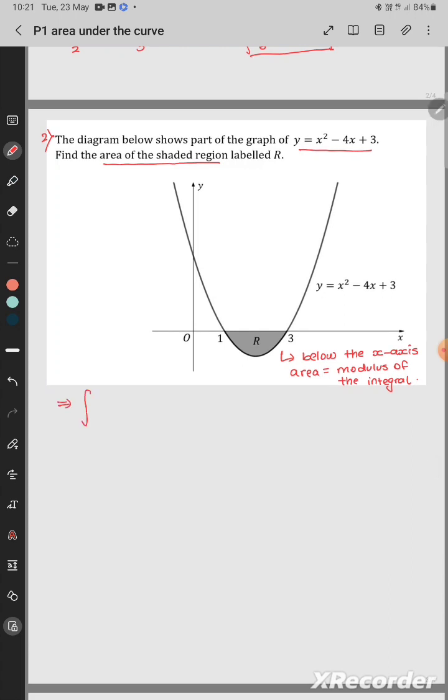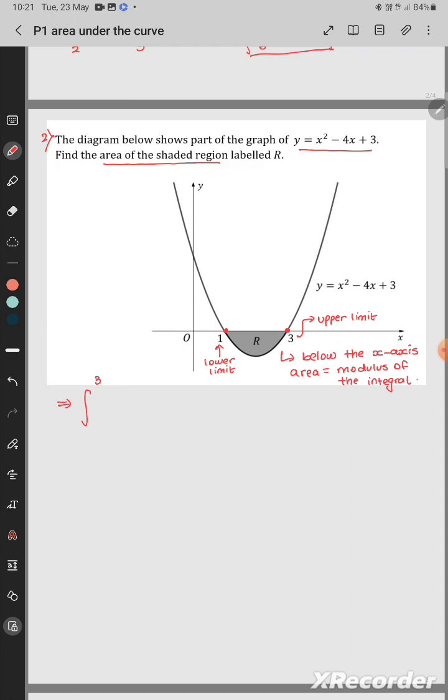So here, same concept, to find the area we use integration. So integral, now what's the upper limit? Here the two x values given are 1 and 3. So 3 is greater than 1, that means 3 is the upper limit and 1 is the lower limit.